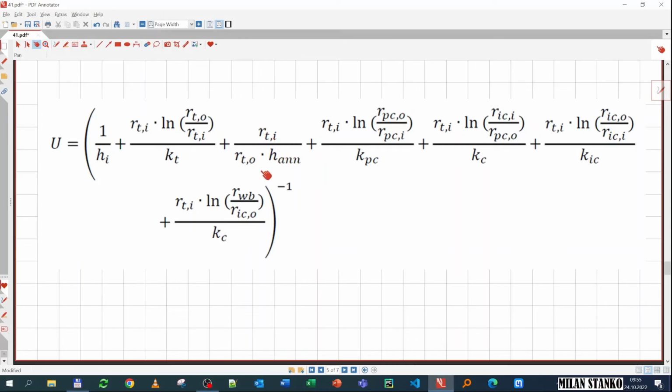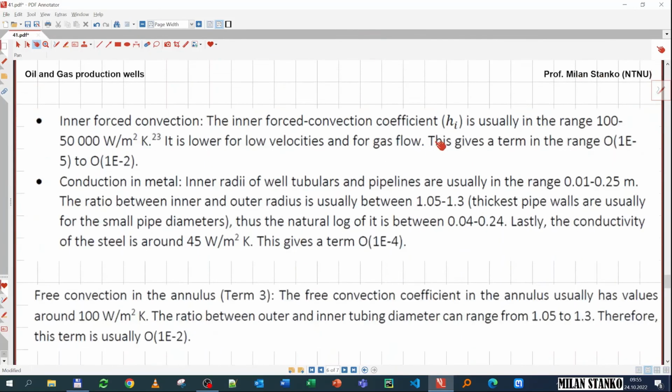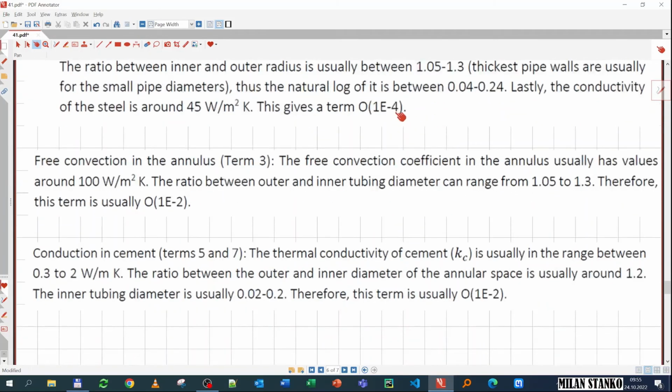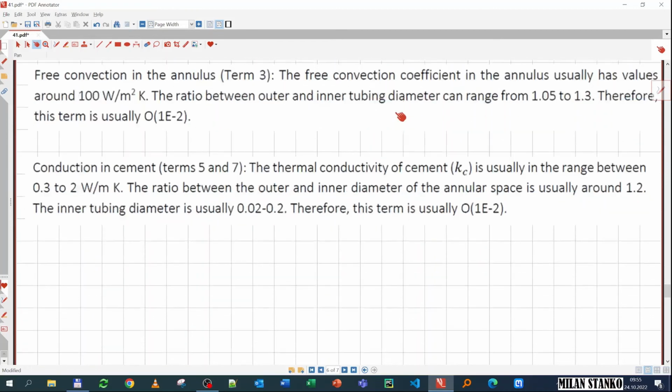So my message is that some terms are more important than others, and in this case the conduction in the cement and the free convection are usually dominant, two orders of magnitude bigger than the rest.